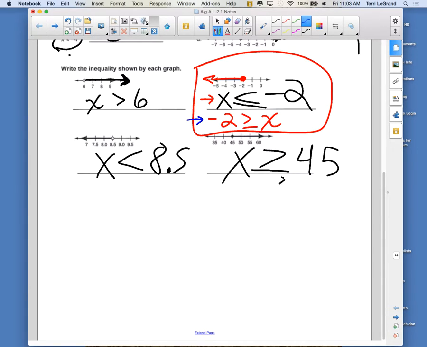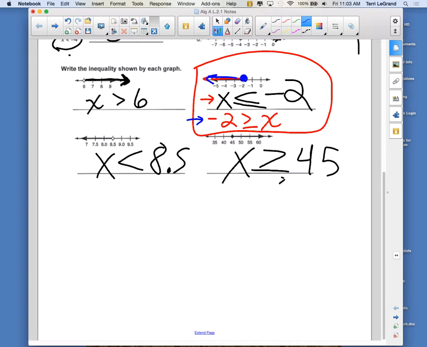This one right here says -2 can be equal to the shaded region, or it has to be greater than the shaded region. Is -2 greater than all of these numbers? Is -2 greater than -5? Yeah. It's better for it to be 2 below outside than 5 below, right?